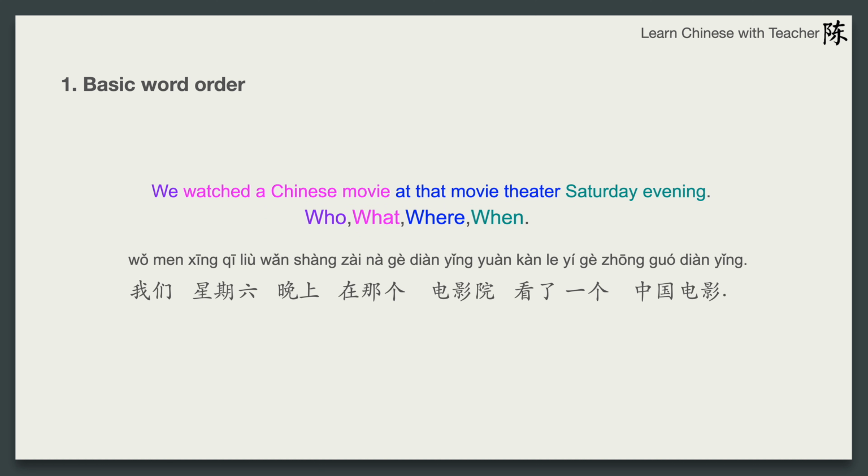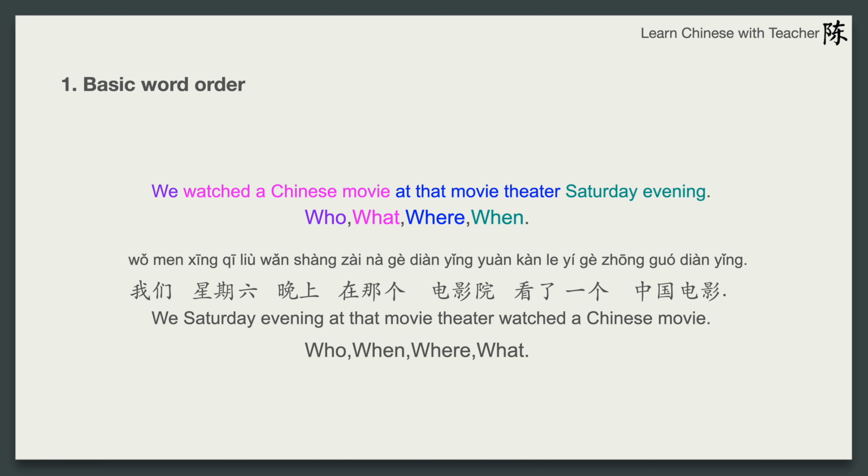The Chinese translation is, 我们星期六晚上在那个电影院看了一个中国电影。Literally, the sentence means, we Saturday evening at that movie theater watched a Chinese movie. The word order of the Chinese sentence is also who, when, where, what.